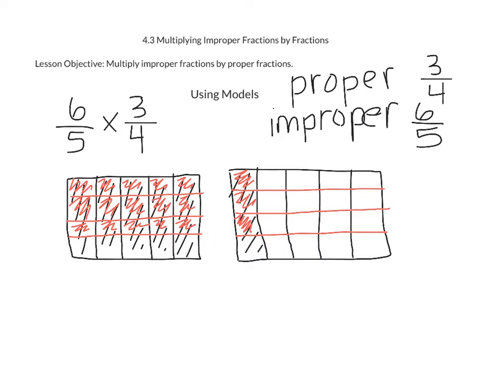Now again, watch how I didn't shade in any of this part of my model because I'm finding 3/4 of 6/5, not 3/4 of 2. Now that I've shaded in my 3/4, I'm going to go ahead and check how many pieces of overlap there are.